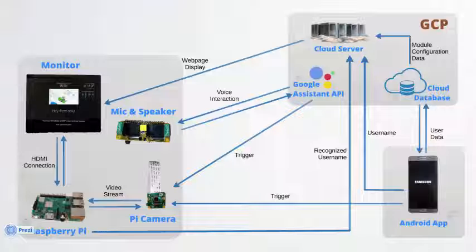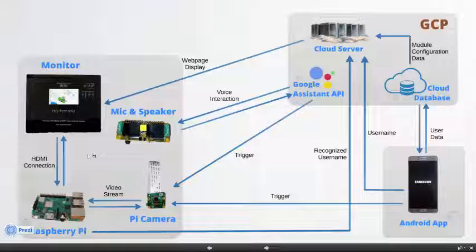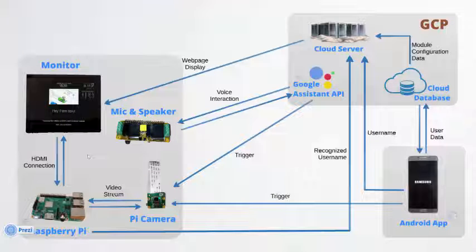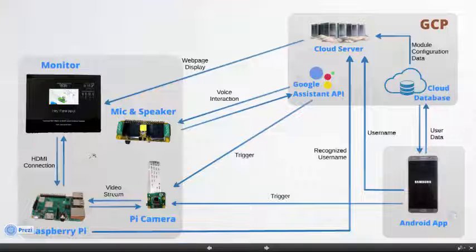The second part is the Raspberry Pi and its hardware modules. We run face recognition on Raspberry Pi with Pi camera and send user identity to cloud server. The photographing action can be triggered by the Android app at the time of user registration or by voice command at the time of common use.